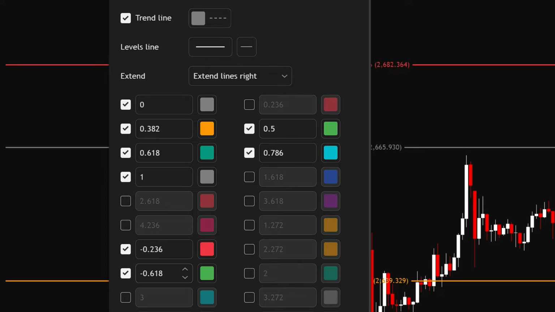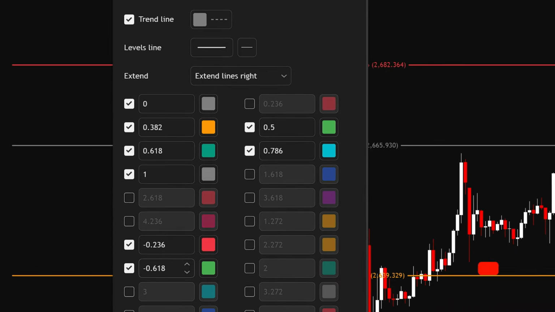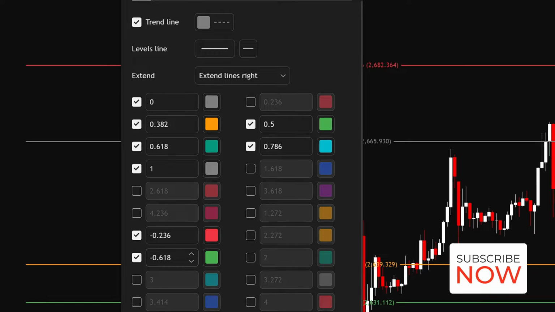That's your full map, retracement and extension zones, clean and efficient.